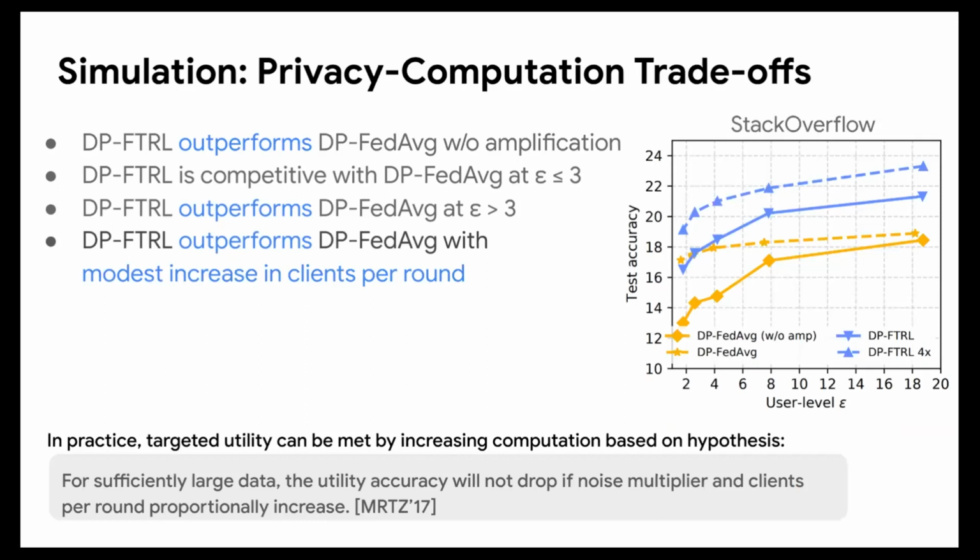Why we are interested in these results is that this is one of the key observations we used to get formal differential privacy in practice. We rely on this hypothesis that for sufficiently large data, the utility accuracy will not drop if the noise multiplier and the clients per round proportionally increase.